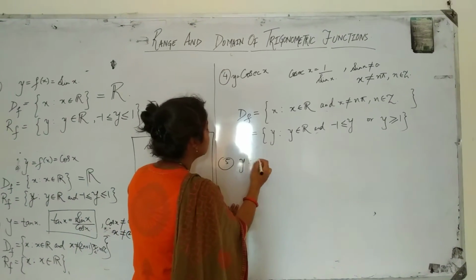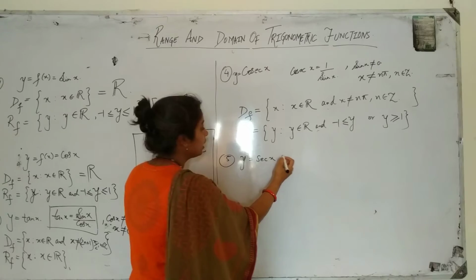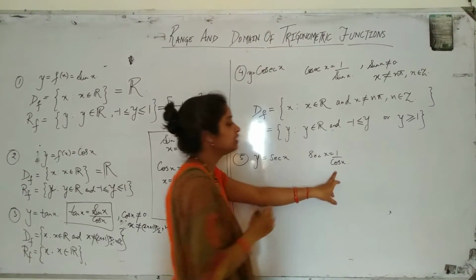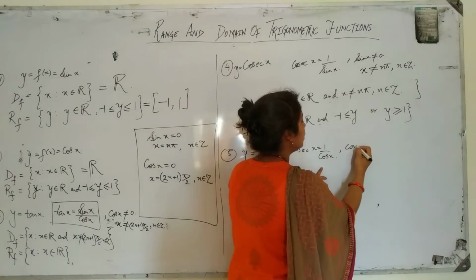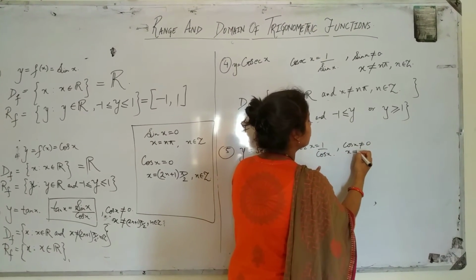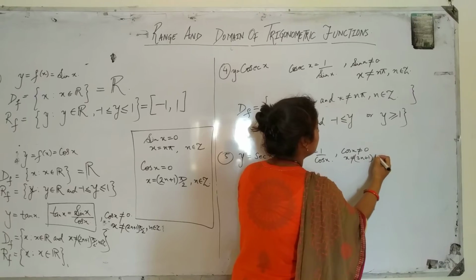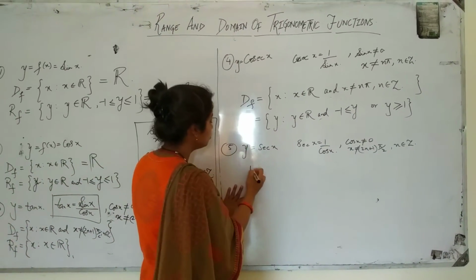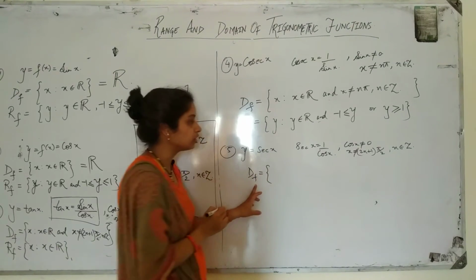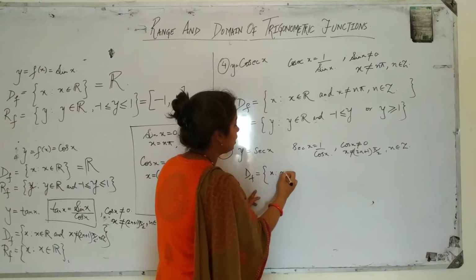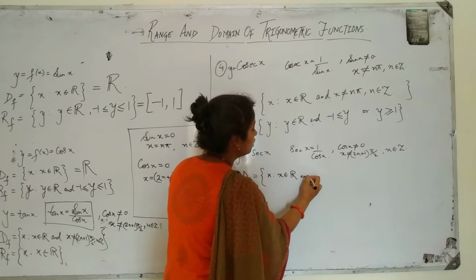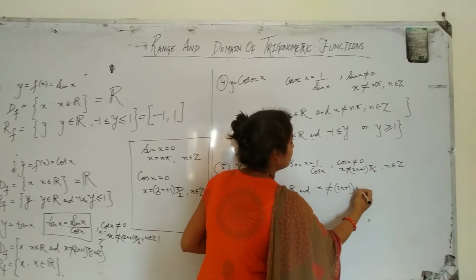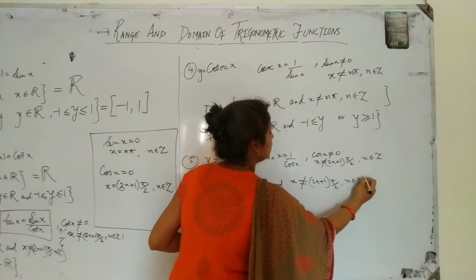Then the fifth type of function is sec x. Sec x is again a reciprocal of cos x, and cos x is not equal to 0 here. That means x is not equal to (2n+1) pi by 2, where n is an integer. Using this we can write the domain of the function: x such that x belongs to R and x is not equal to (2n+1) pi by 2, where n is an integer.